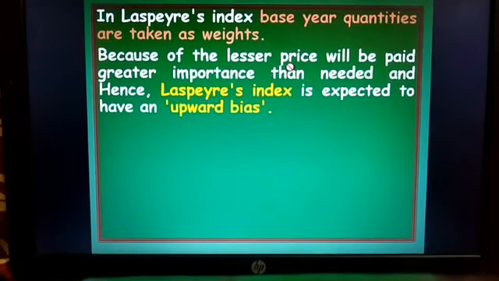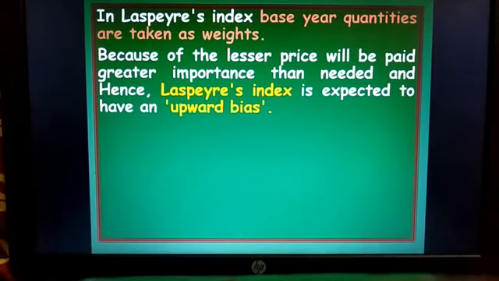Because the lesser price will be paid greater importance. Lesser price, where? In terms of the base period, we usually find the lesser price. For example, consider 2015 and 2020 as two years for your study. 2015 is the base year and 2020 is the current year.